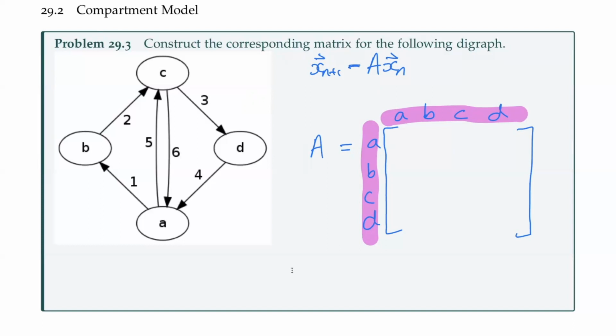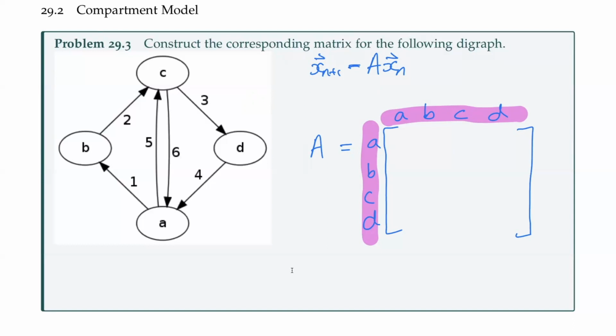The other thing is that the order of my rows and my columns don't matter for the presentation of this digraph. We can switch around the rows and columns as long as we're consistent. So I could put D, C, B, A on my rows and columns. Okay, so I want to encode this information here. How do I do that?